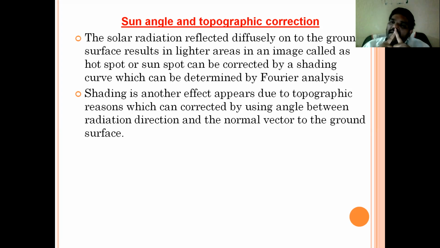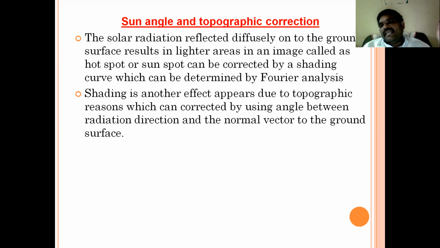In the previous case, the white patches are hot, lighter areas which may occur because of the diffusion of solar radiation on the ground. On the images, there might be light areas, which we can remove by estimating a shading curve with Fourier analysis. In this case, there will be a shading.